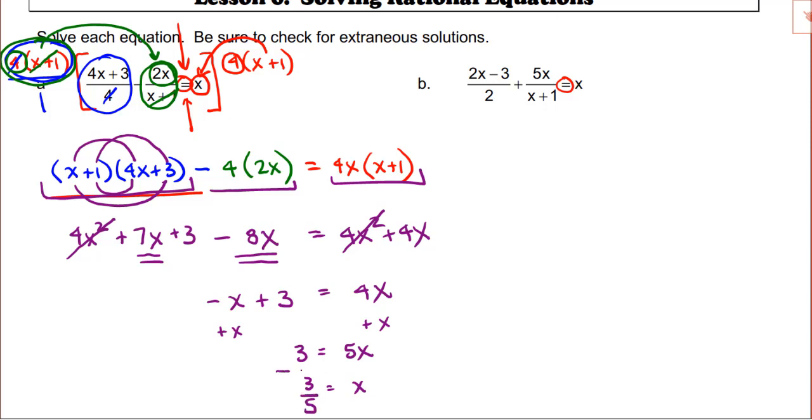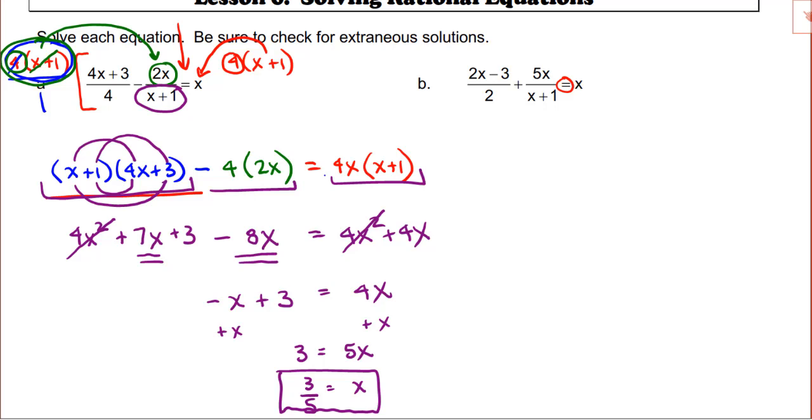I don't know why, but I want to make sure you're not one of them. Now, the A students are worried because they look at this fraction and they go, well, it's got a variable in the denominator. There's always a chance that the x I find is a bad number. Okay?